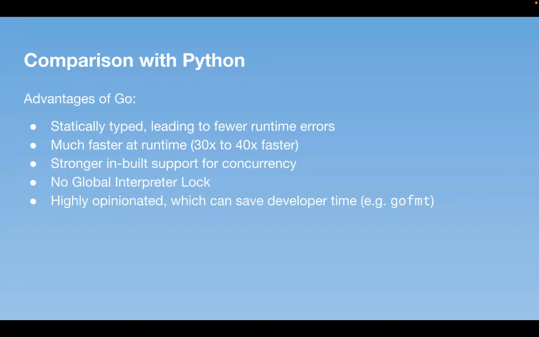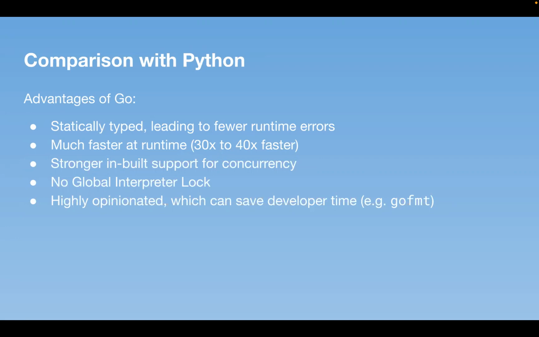It's got stronger built-in support for concurrency, which I will show in a moment when we go through some more code snippets. It's got no global interpreter lock. And just to step back for a second, in Python, you can write concurrent code in a number of different ways, but that code doesn't run truly in parallel because of Python's global interpreter lock, which essentially prevents you from running code truly in parallel across multiple cores.